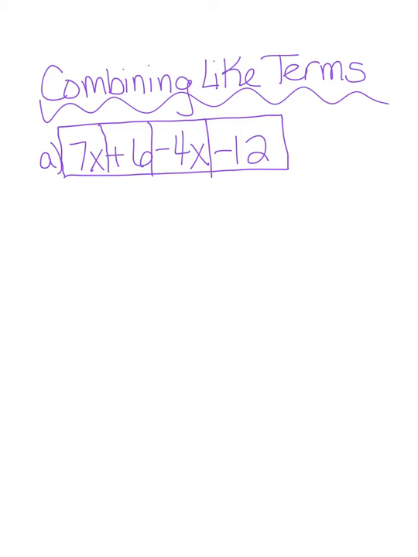and a negative 12. So I can combine my 7x and negative 4x, and I know that 7 plus negative 4 is a positive 3, and then my variable follows, so it's 3x, and then I can combine my positive 6 and negative 12, so 6 plus negative 12, and because I have more negatives, the sum is negative 6.